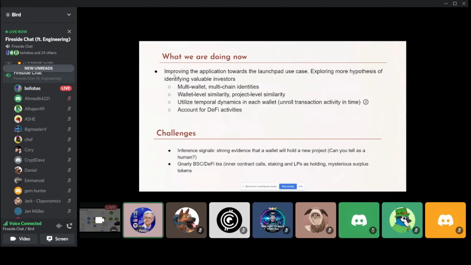Yeah, and to keep things short and sweet, we're looking at more functionalities to build into this application. Like what I was saying earlier, if you have multiple wallets, we want to associate that to the same investor.